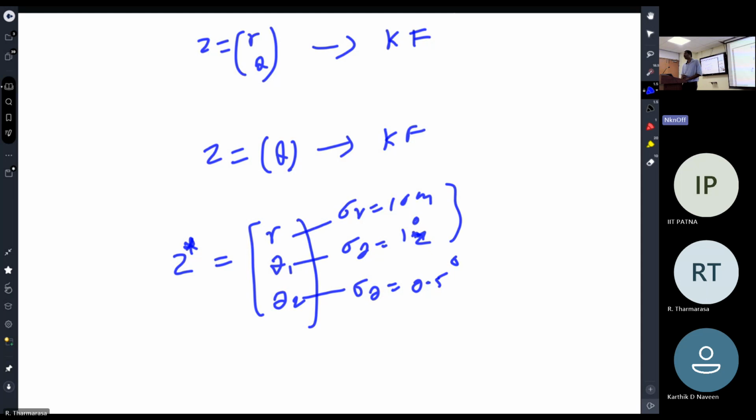This is from the radar location, and this is from the sonar location, because you need the sensor location also when you find that, right? So instead of doing two Kalman updates, we are going to do only a single update by fusing these two. It seems like you have a super sensor that gives both of them.